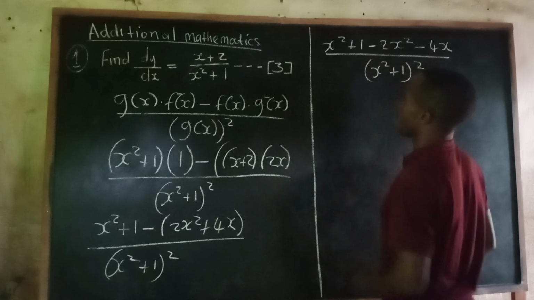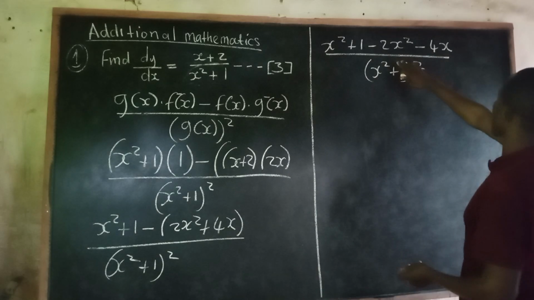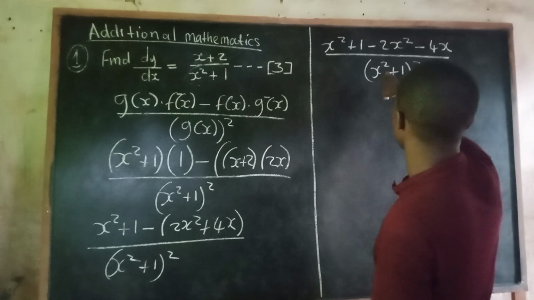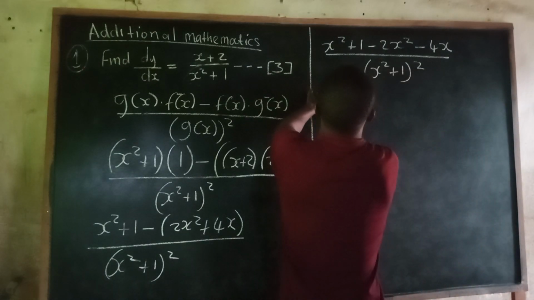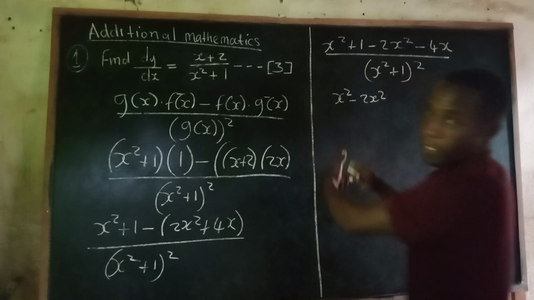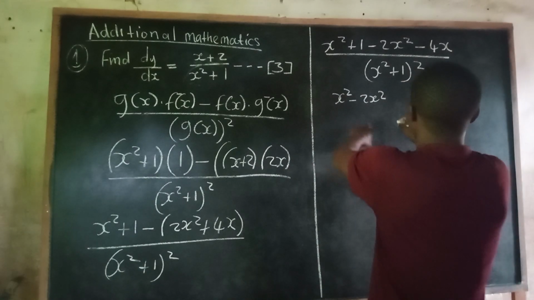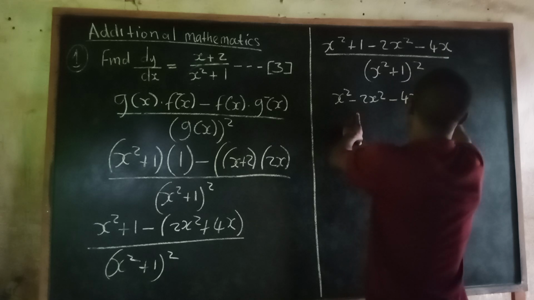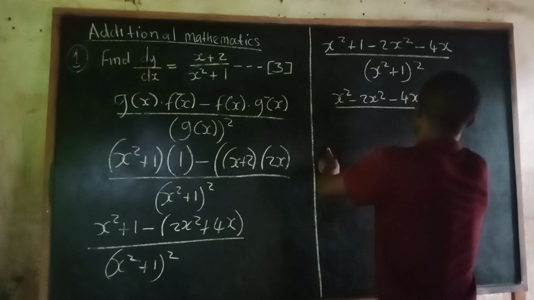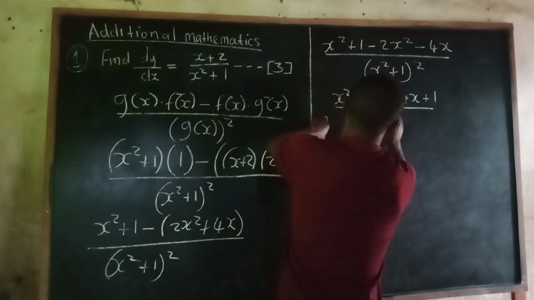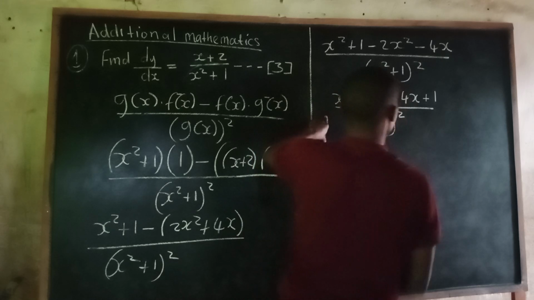Then we collect like terms and unlike terms. Here we have x² minus 2x². These are like terms and can be simplified further. Then minus 4x, then plus 1, over (x² + 1) squared.